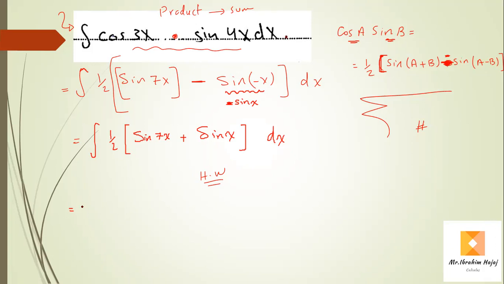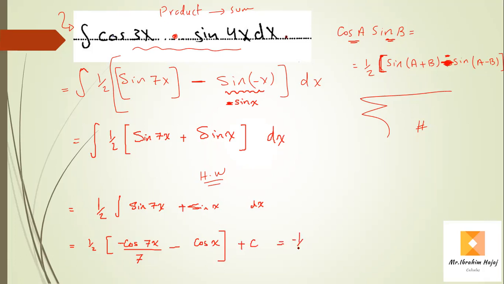Okay, correct, let's continue. Half here is constant; leave the half outside. The integral of sine 7x plus sine x dx. The integral of sine 7x is negative cosine 7x over 7. Again, the integral of sine x is negative cosine x over 1, plus c.